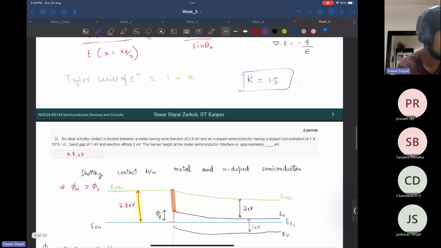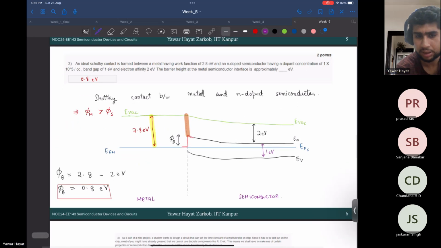Next one. Okay, this one. Question 3. Okay, fine. Question 3. What did you take for this? In fact, if I correctly remember, QB. Why would you compute QB for it? Okay, I guess probably you mean phi B, right? Phi B, if you mean phi B.